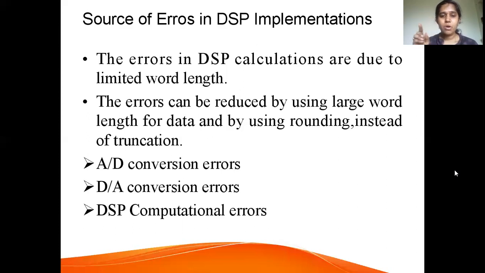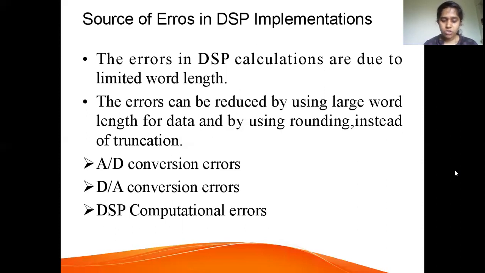For example, if x is the original signal and x suffix q is the quantized signal, the error can be written as x suffix q minus x. That is called the quantization error. This you will observe in A to D conversion errors.